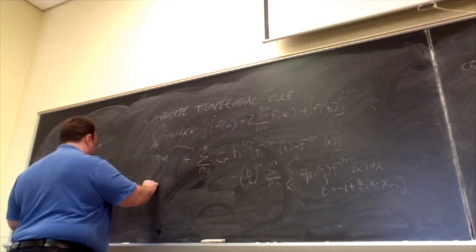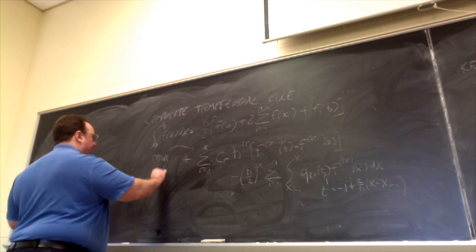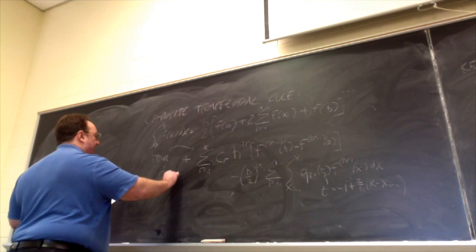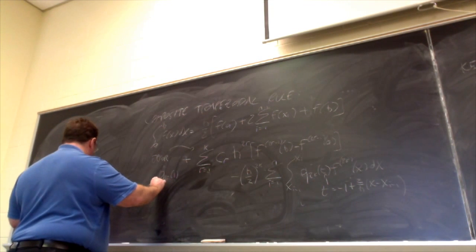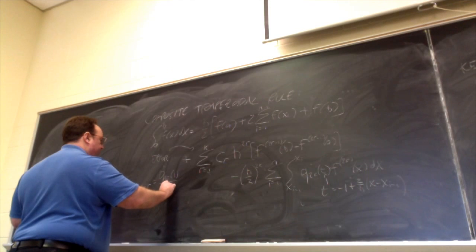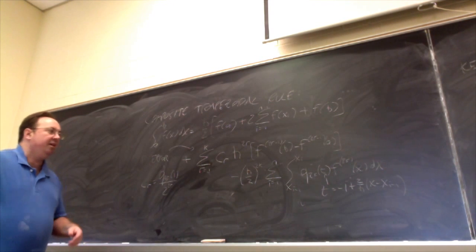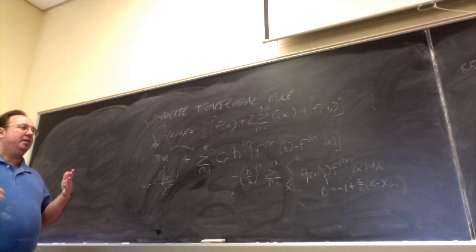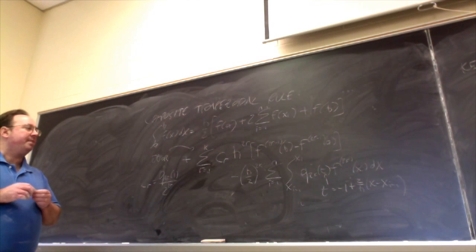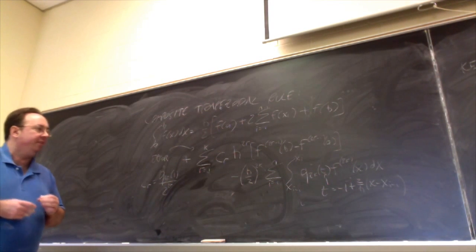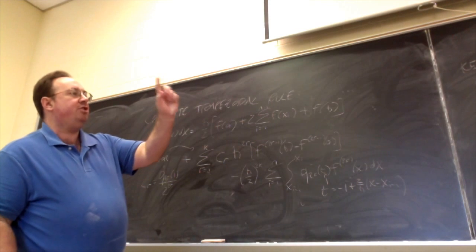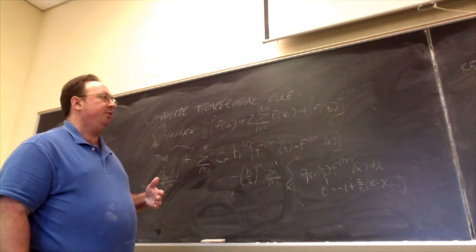These constants are equal to my q's evaluated at t equals 1 over 2 to the 2r. Because what happens is, before I was differentiating g on the interval minus 1 to 1.